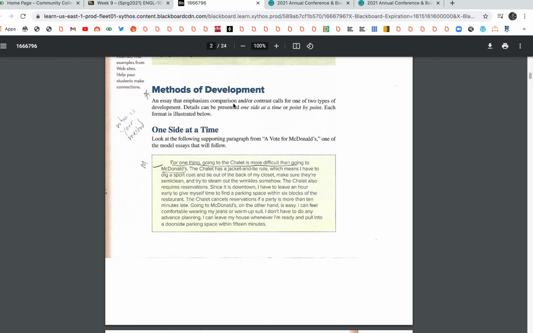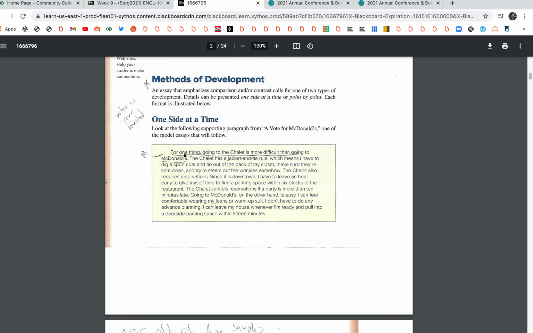I'll help you when we do the outline. But I want at least one paragraph to follow this subject by subject or one side at a time, right? And like I said in the previous video, the Starbucks, you're talking about Starbucks coffee first, then Dunkin' Donuts coffee. And here's the subject by subject, one side at a time.